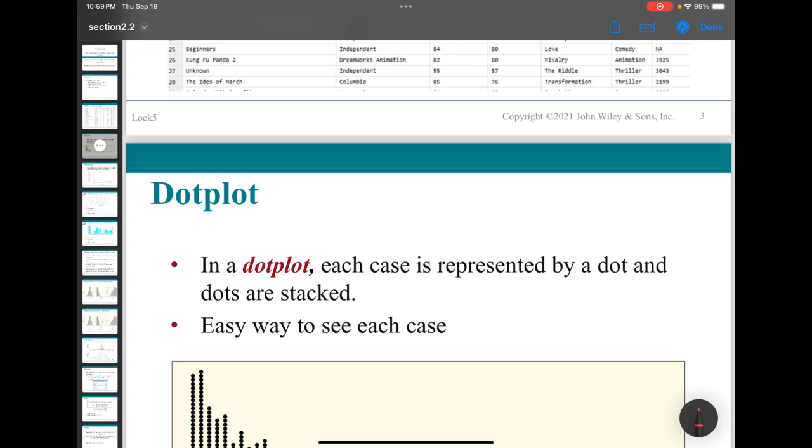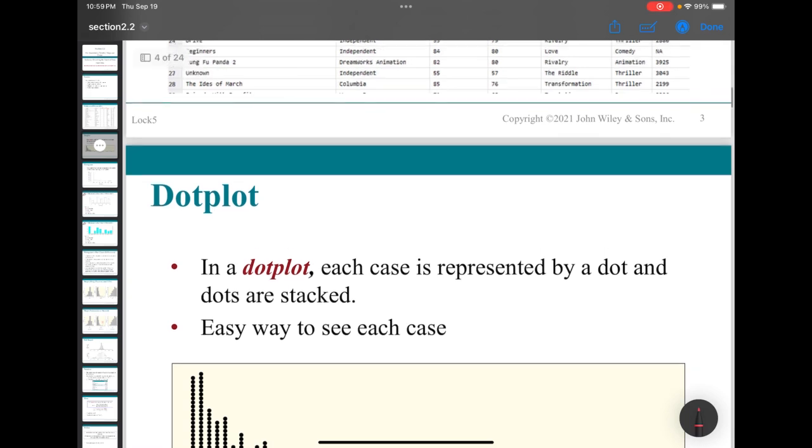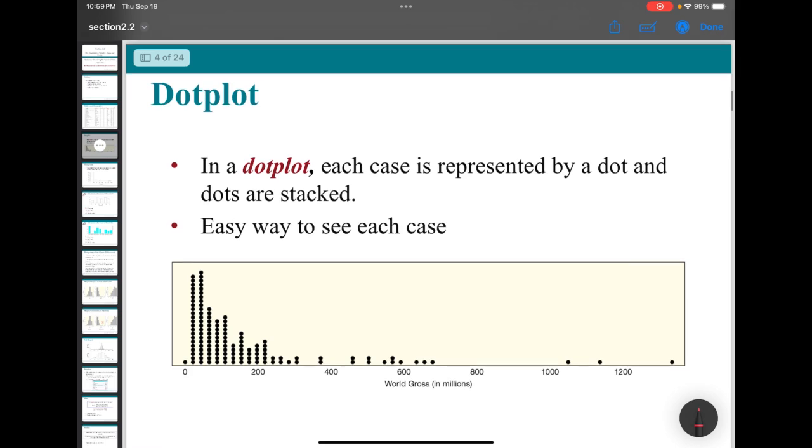First, how to visualize this? For example, using a dot plot. This is a specific case to visualize a single quantitative variable, because a dot plot has only one axis.